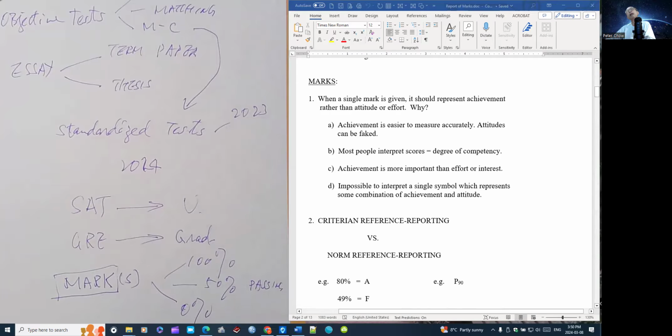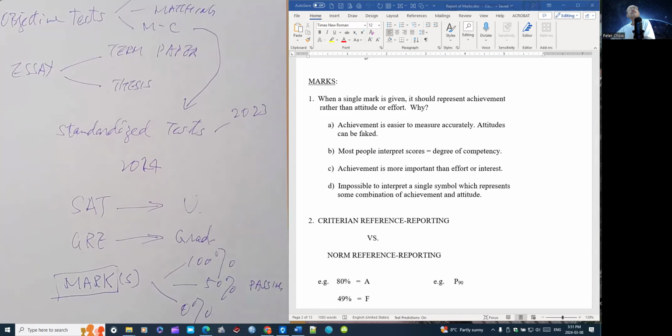When a single mark is given, it can represent achievement, pure achievement in the subject matter rather than attitude or effort. Why?